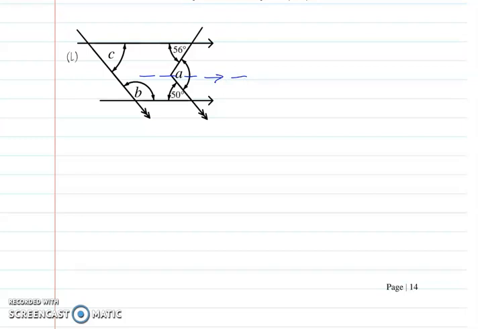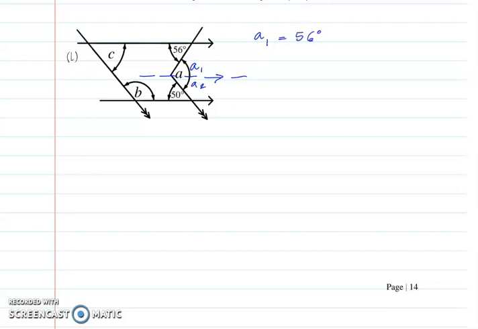Now, that third parallel line cuts the angle A into two halves, into two pieces. The top half I'm going to call A1, and the bottom half I'm going to call A2. I hope you can see it. I'm going to say that A1 is equal to 56 degrees.